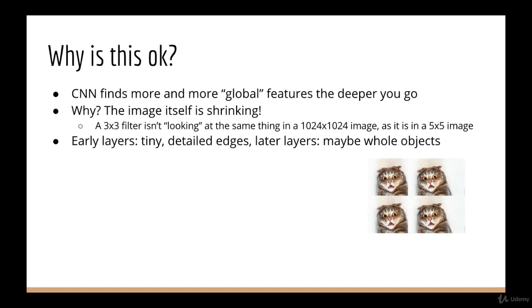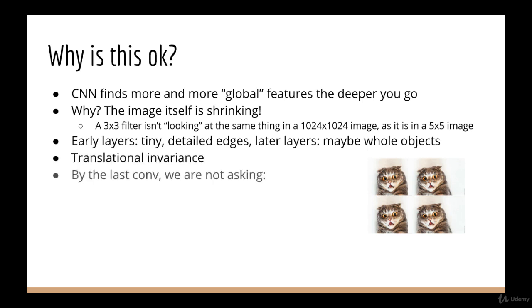Thus, by the time you get to the end, the image itself has gotten so small that the features are more or less global, and you can take the max or average to give you some translational invariance. In other words, it doesn't matter where in your image there was a cat, we just want to know, was there a cat at all?